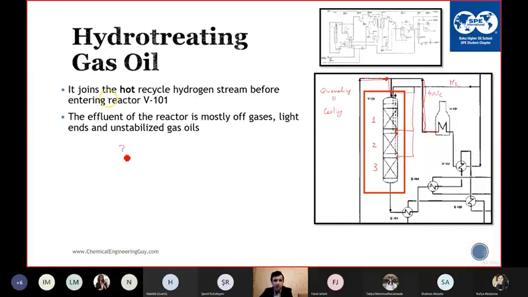And the question: why do we use hydrogen as quenching in between the first and second and the second and third reaction zones? Why do you think we need hydrogen to quench or cool down the stream between the reaction zones?